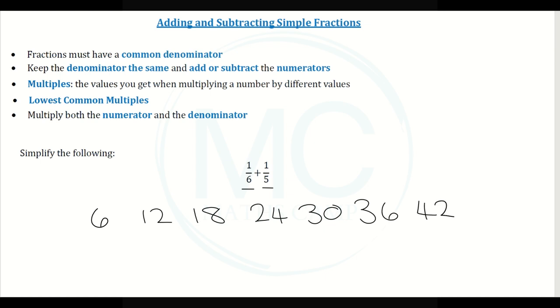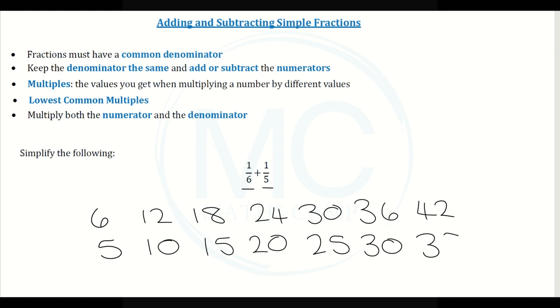Now let's look at the multiples of 5. 5, 10, 15, 20, 25, 30, 35, and so on. 30 is the only common multiple of 5 and 6.